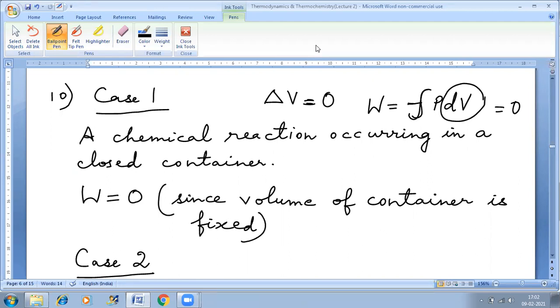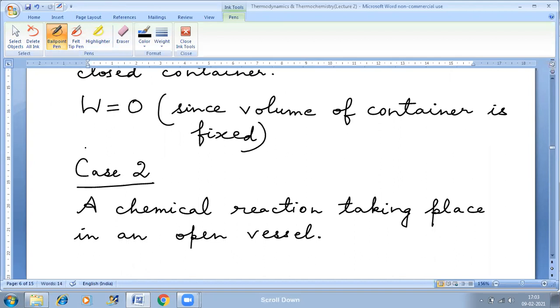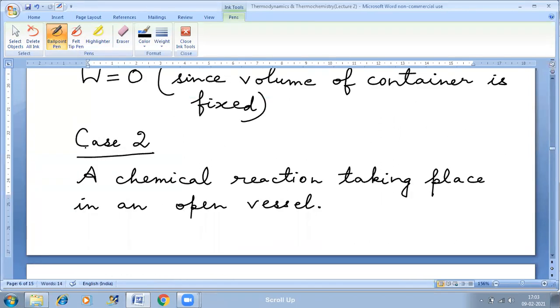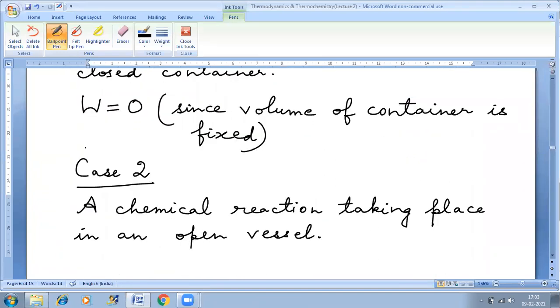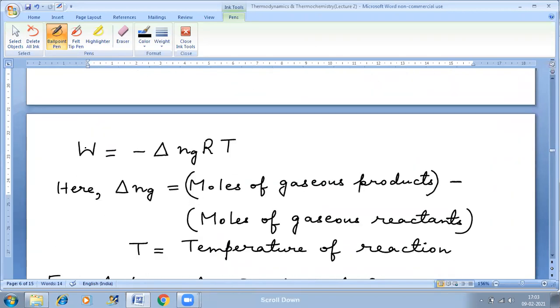But now if we have a chemical reaction that occurs inside an open vessel, let's say now we have a chemical reaction that takes place inside a vessel and that vessel is open. So this is a second case, case 2. A chemical reaction which occurs inside a vessel and that vessel is an open vessel. Then the formula of work done is this.